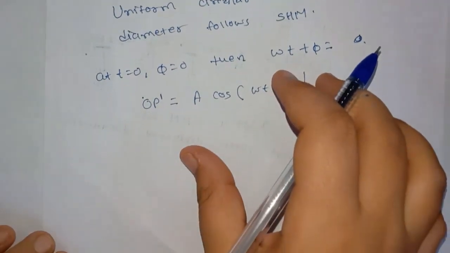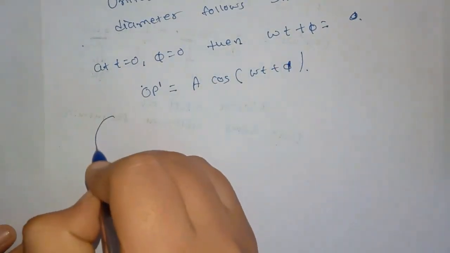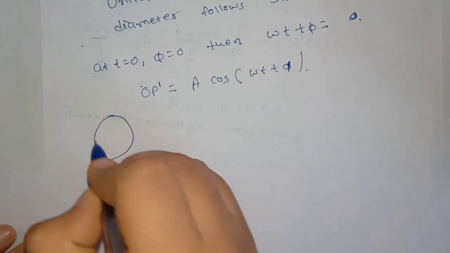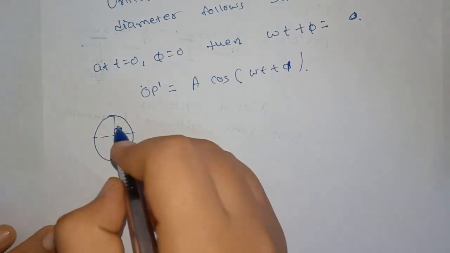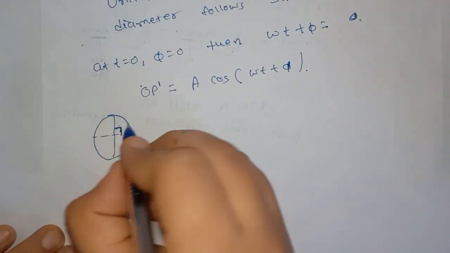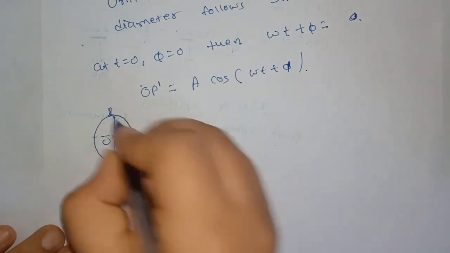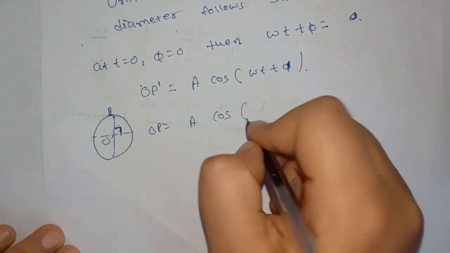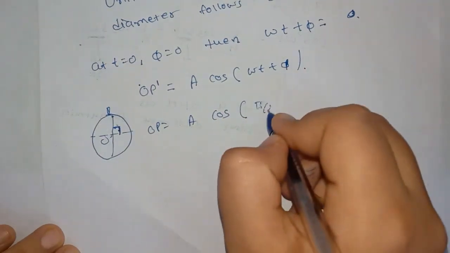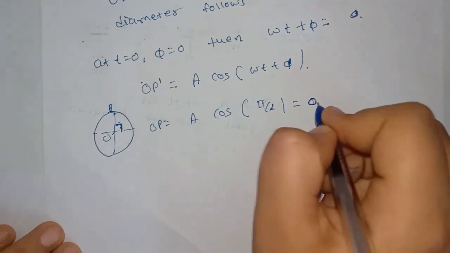Now, when it is perpendicular, the projection will be OP equals A cos of pi by 2, which is equal to 0.